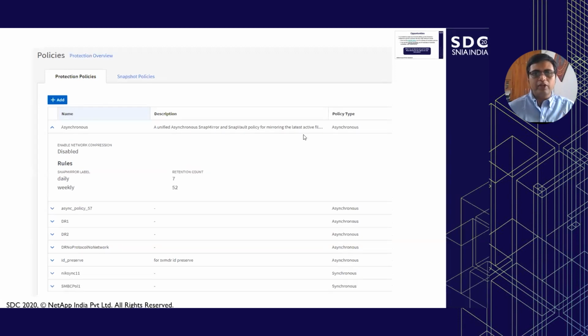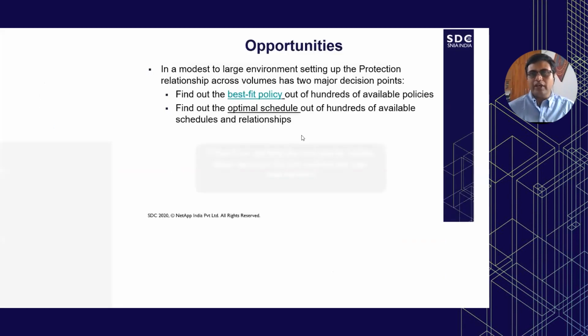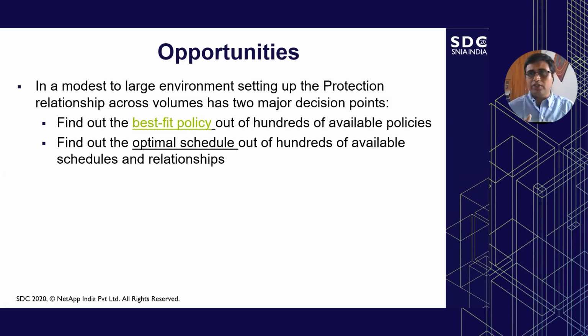Let me go back to say what happens when we have hundreds of such policies created, which, as the system scales, are also scaling organically. And there comes a point when the storage admin is struggling to make a decision on which policy to choose today, because the storage admins also keep changing over the period of time, but the policies keep growing.